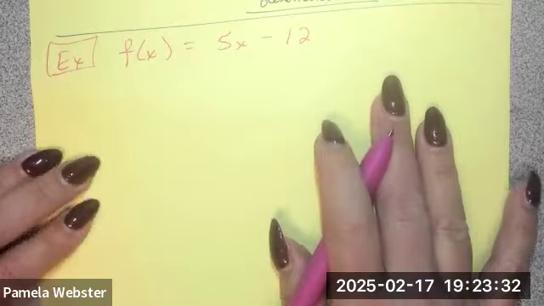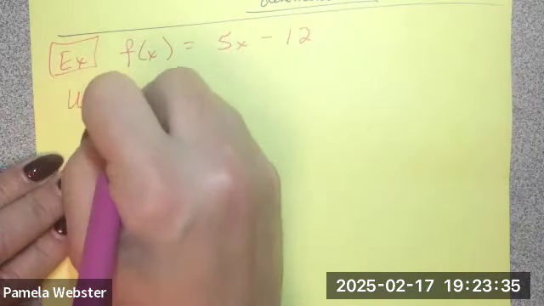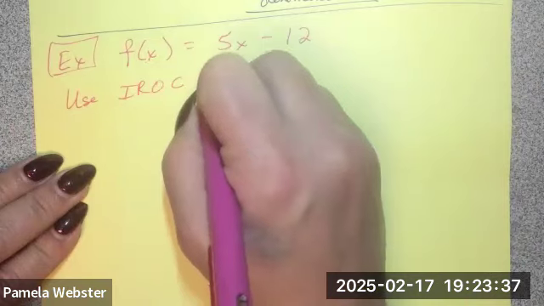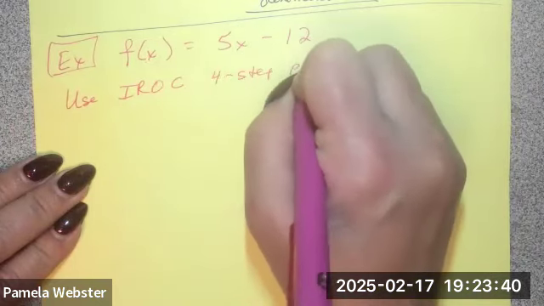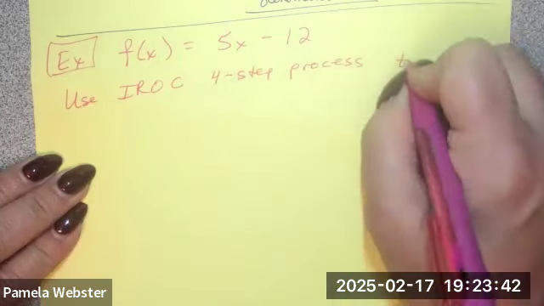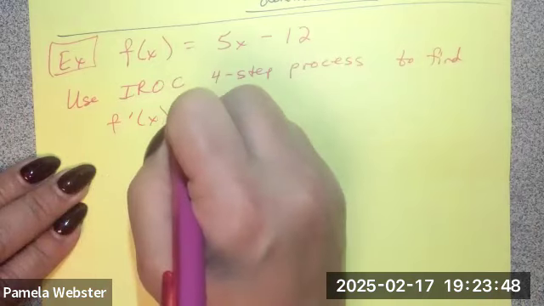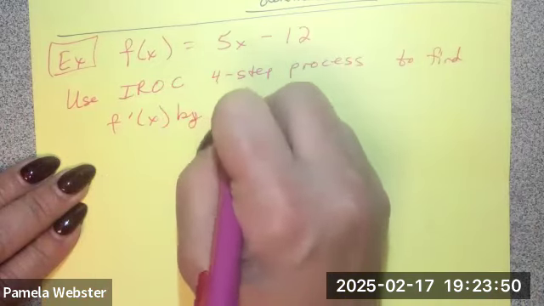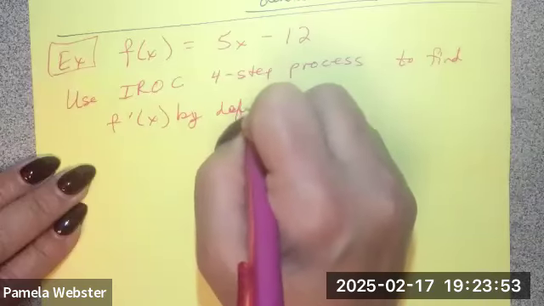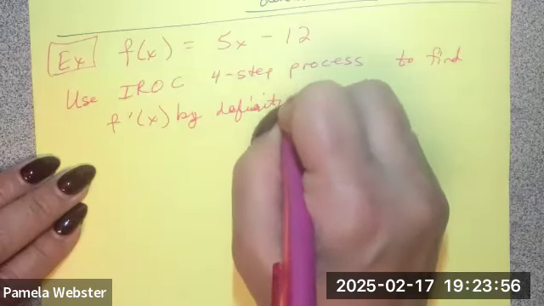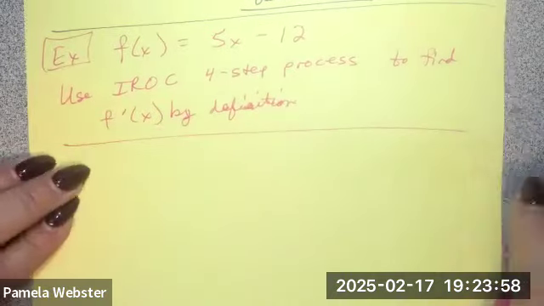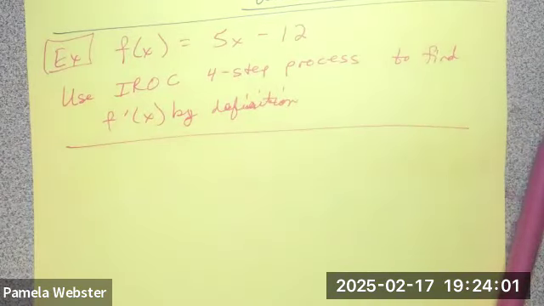I want you to use the instant rate of change 4-step process and work it all out to find f prime of x, by the definition. No shortcuts yet. I know if you know some shortcuts, that's great. Hold on to that idea, but I'm going to push pause. I'm going to work this one out for myself. You should push pause as well. And when you're done, come back and let's see if you got what I got.